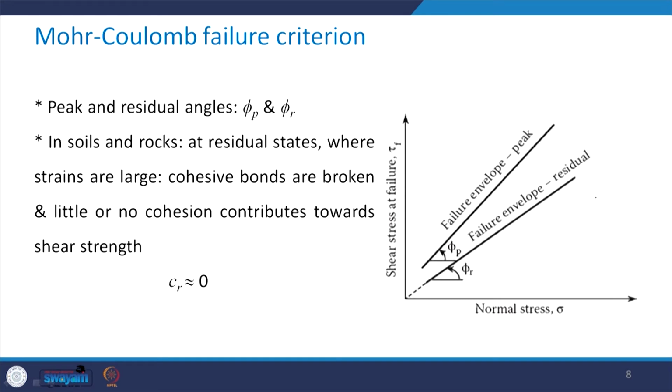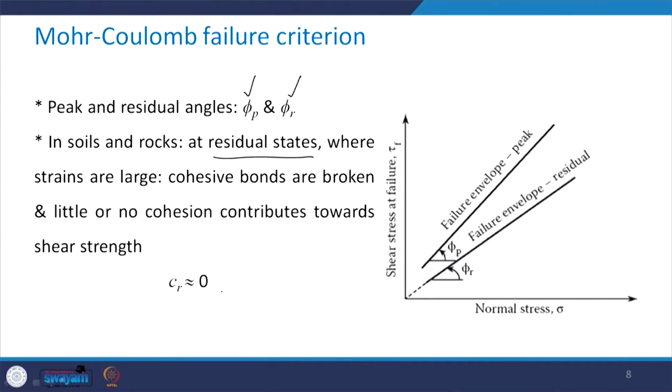Now, peak and residual angles, I mentioned that these are denoted by phi p and phi r respectively. In soils and rocks at the residual states where you have large strains, cohesive bonds are broken and therefore little or no cohesion contributes towards the shear strength.